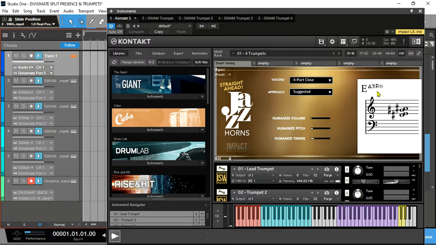All right. Because when you change in the left hand, see, you're playing F diminished 7th, F diminished 7th.